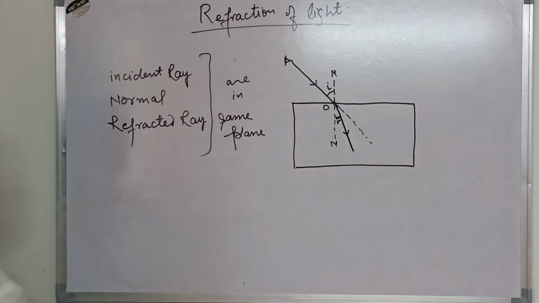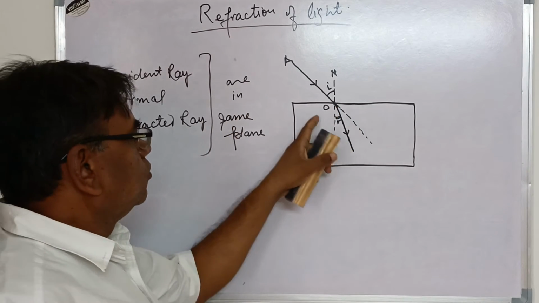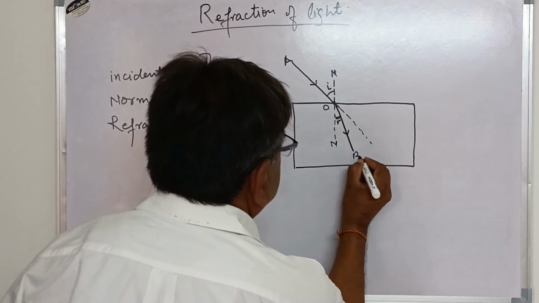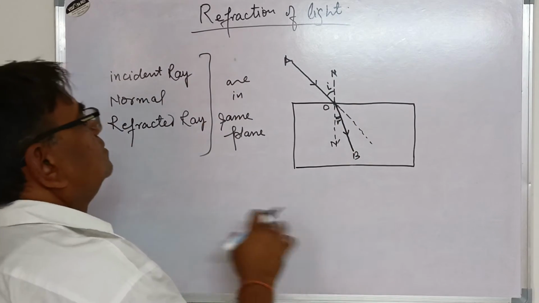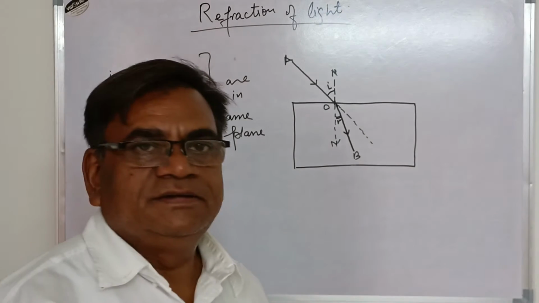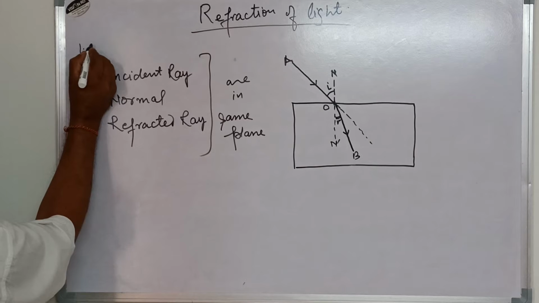Take the plane of the board. So AO, OB, and this normal N lie on the same plane. This is the first law.